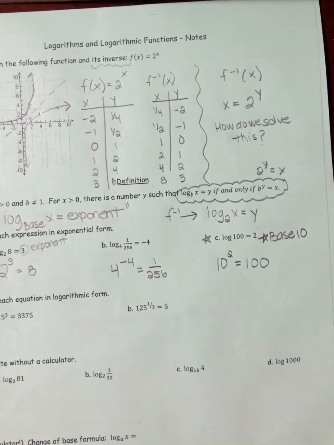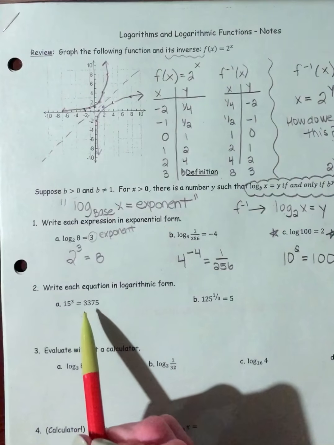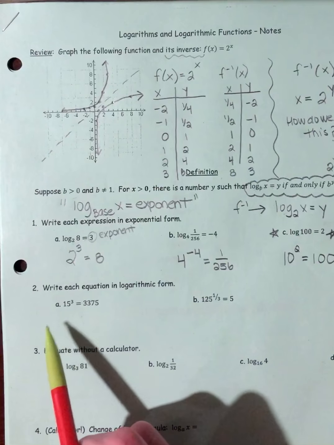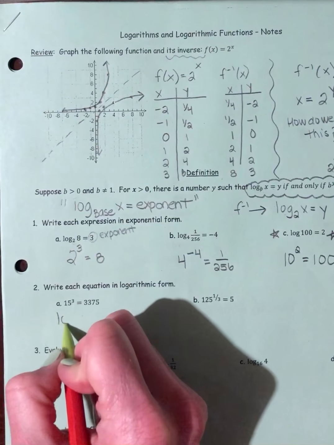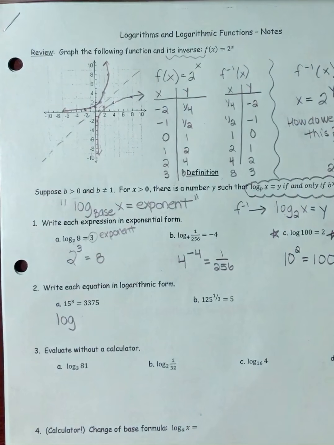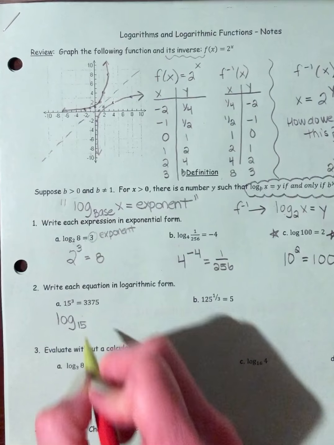Okay. The last thing that I'm going to do for today is now go from exponential form, and we're going to rewrite this in logarithmic form. So now I'm actually writing the log. So I have the log base b. Well, in this case, the base is 15.